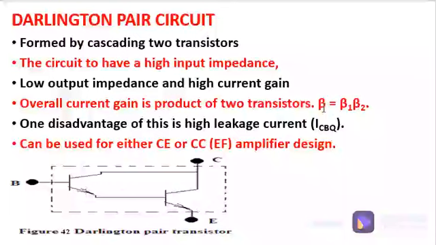That is to say, overall beta is equal to beta 1 times beta 2. The disadvantage of this transistor is that it has high leakage current. That is, the no load current is very high, and it can be used for either common emitter circuit or common collector circuit, what we call emitter follower design.